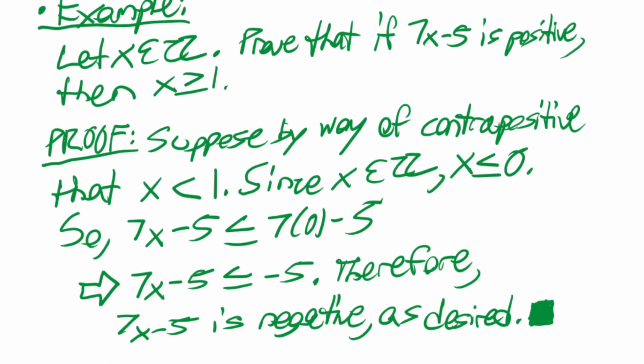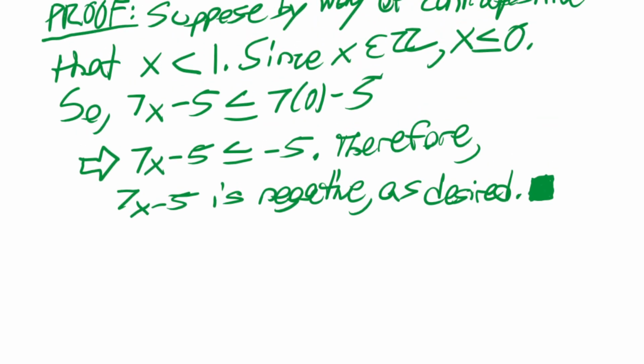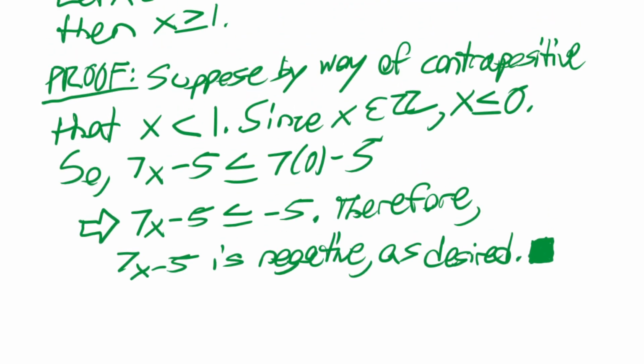And then we proved that 7x minus 5 is negative by plugging in 0. Since it's an integer, it's got to be 0 if it's less than 1, or less than or equal to 0. So we plug that in and we showed that 7x minus 5 is less than or equal to negative 5, which implies that the expression is negative for that range of x's.